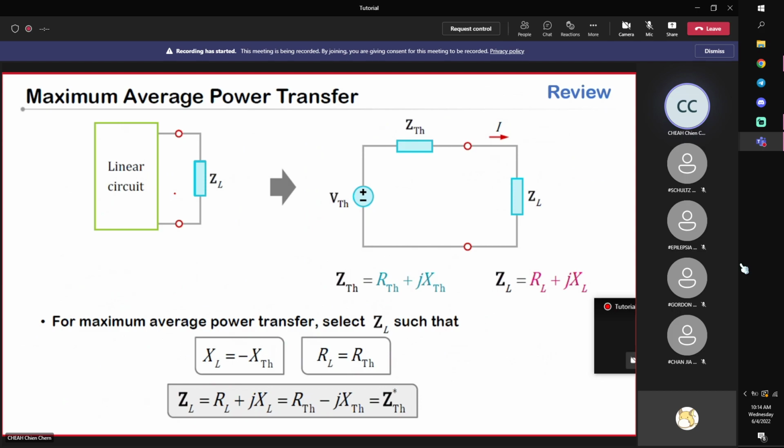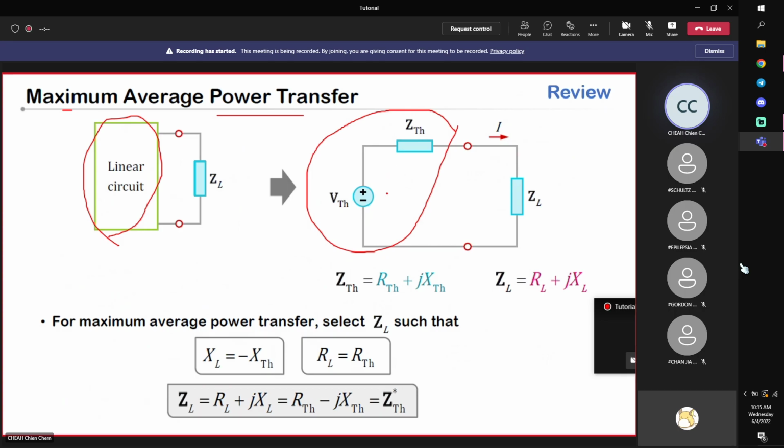Okay, similarly, in AC circuits, you can also find the maximum power transfer. Now, for maximum power transfer, there is no other way, just use Thevenin's. Once you see a question asking you to find maximum power transfer, it means that you must first convert the circuit into its Thevenin's equivalent form.